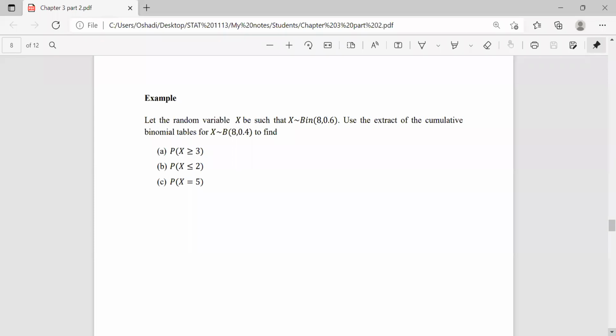So we found the first example, first part.